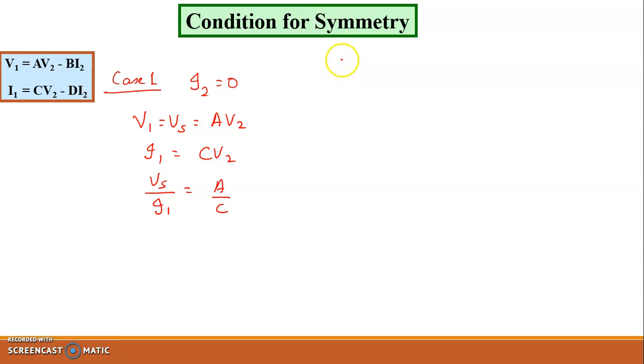In the second case, I take I1 equal to 0. I1 equal to 0 means input port open circuit. So first I make the output port open circuit, and in the second case I make the input port open circuit.